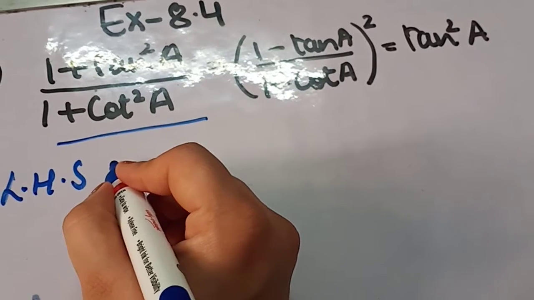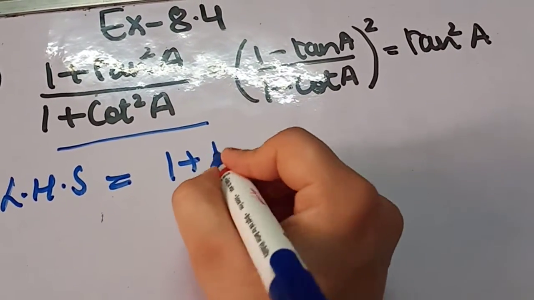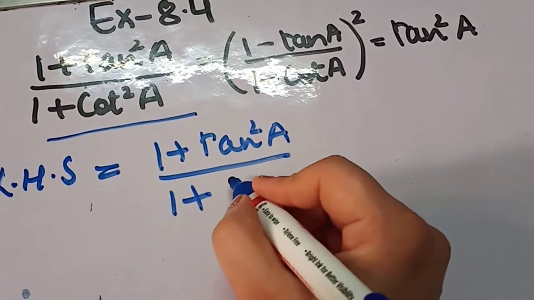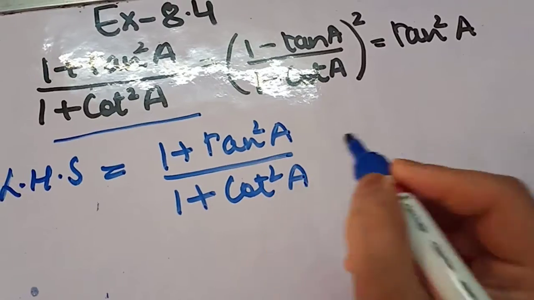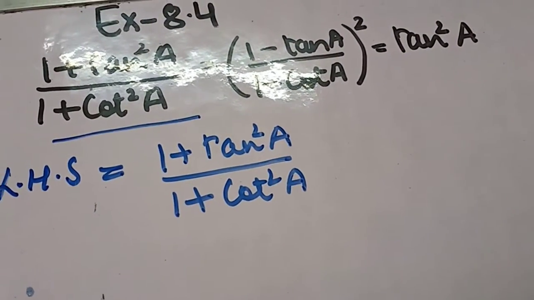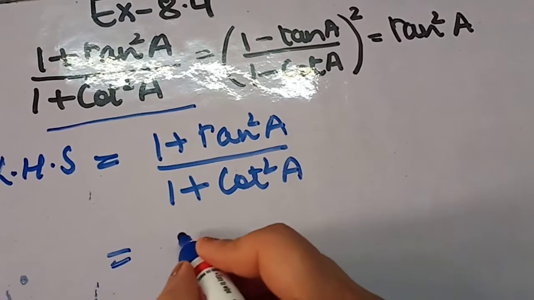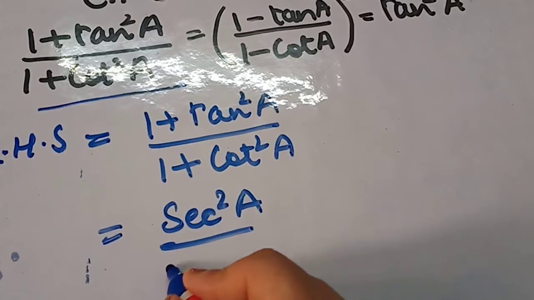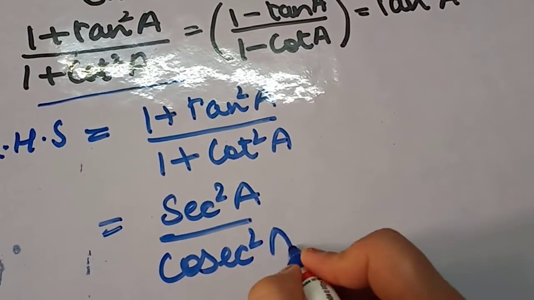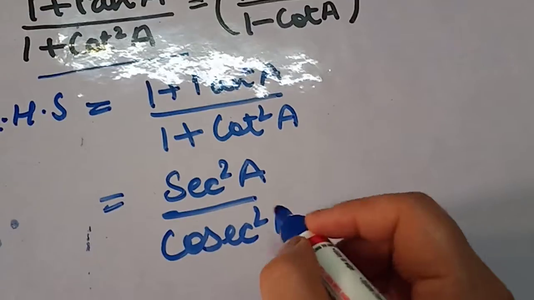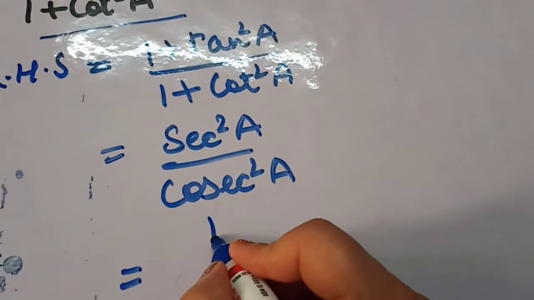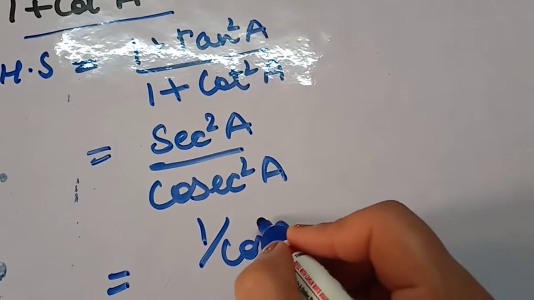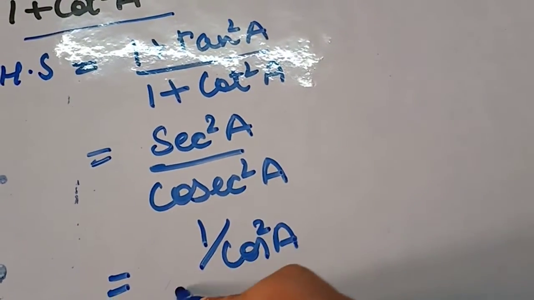Firstly, prove this part is equal to tan square A. Left hand side is equal to 1 plus tan square A upon 1 plus cot square A. Now 1 plus tan square A is equal to secant square A, and 1 plus cot square A is equal to cosecant square A. Secant we know is equal to 1 upon cos A, whole square.